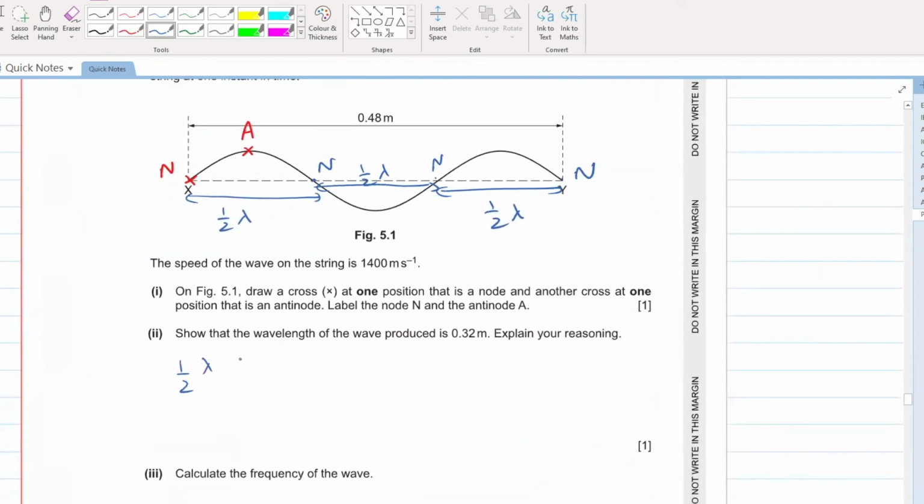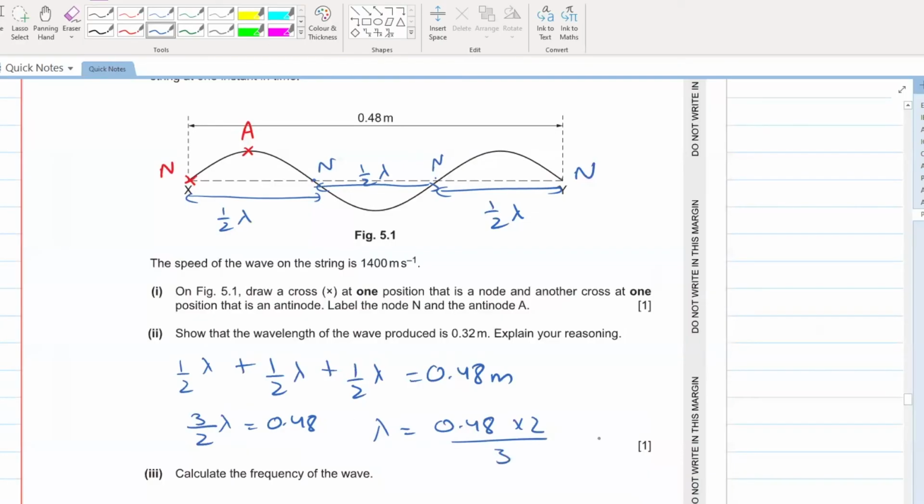Half lambda plus half lambda plus half lambda is equal to 0.48 meters. 3 over 2 lambda is equal to 0.48 meters. Lambda is equal to 0.48 into 2 divided by 3. This becomes 16. Lambda comes out to be 0.32 meters.